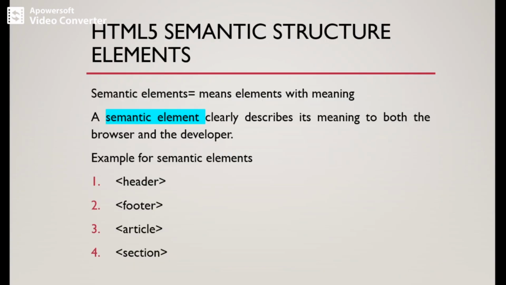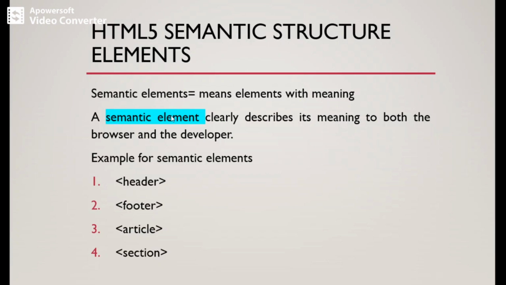Next, HTML5 semantic structure elements. We are going to discuss the different semantic elements in the HTML document. So once again we'll recall what is the meaning of semantic. Here semantic element means it's an element with some meaning. Always I've told, the dictionary meaning of semantics is meaning.